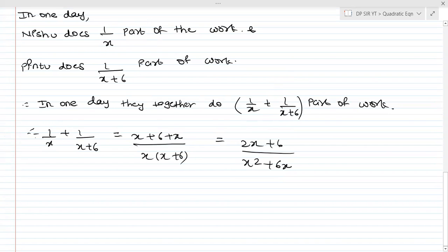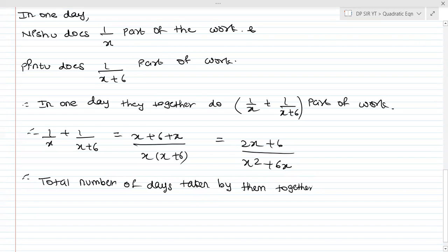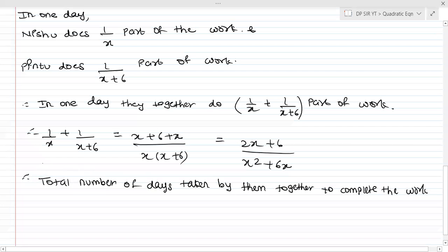I'll do invertendo. So the total number of days taken by them together to complete the work is x square plus 6x upon 2x plus 6.